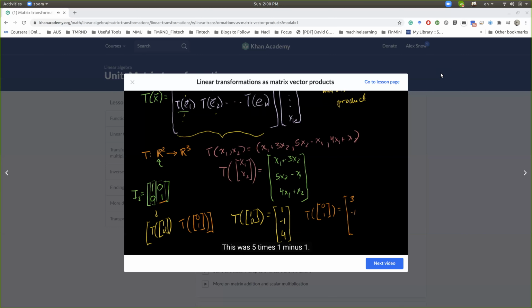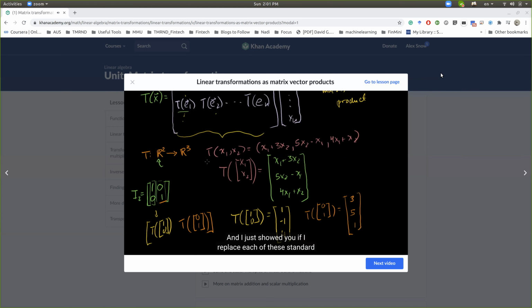This was 5 times x2 minus x1. x1 is 0 and x2 is 1, so 5 times 1 minus 0. So it's 5. And then I have 4 times 0 plus x2, plus 1.